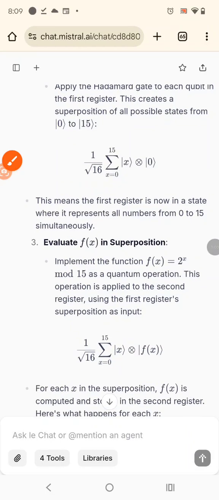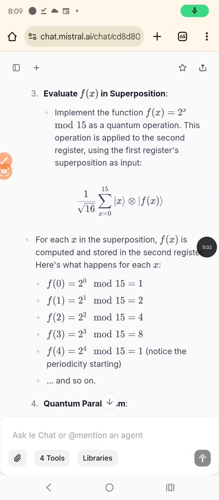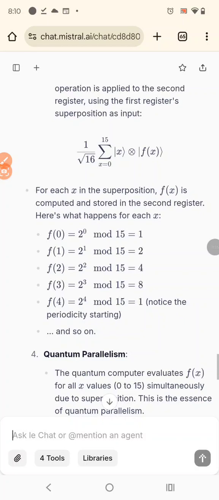Now when we are applying this f(x) operation, 2 to the power x modulo 15, as a quantum operation onto that superpositioned input, we get the result in the second register. So for each x in the superposition, f(x) is computed and stored in the second register.